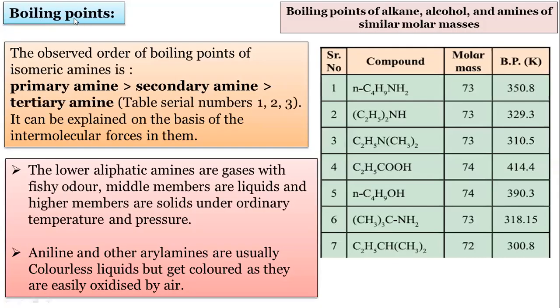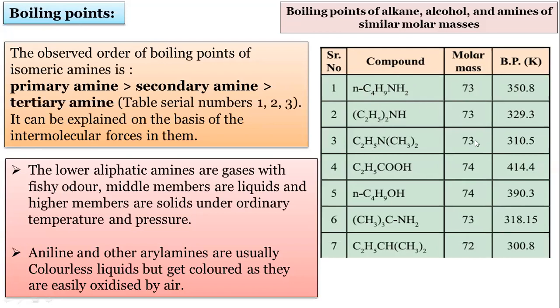This boiling point depends again upon the intermolecular forces. As we just discussed, in primary amines they are stronger. See this table given here: serial number 1, 2 and 3. The first one is primary amine, the second is secondary amine, and the third is tertiary amine.